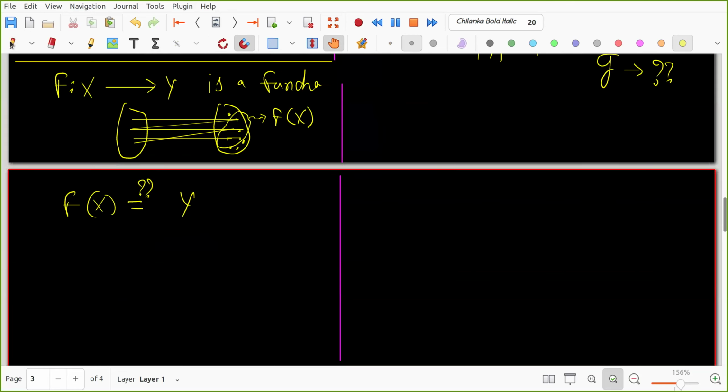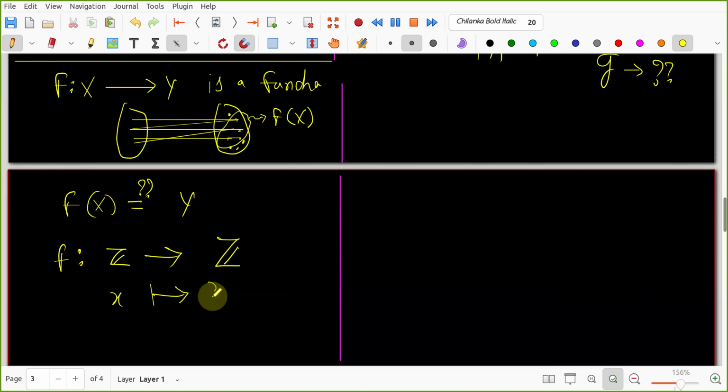I think there is a problem. So let me define something. F is a map from Z to Z. Okay, integers to integers. So I'm defining that x is mapped to 3x. Right?